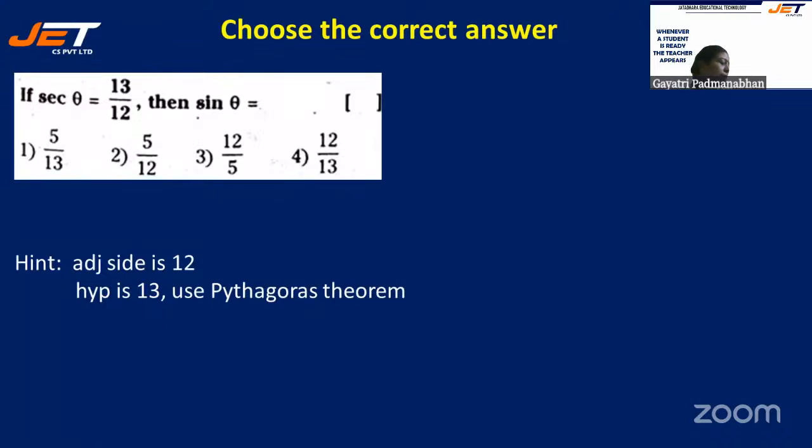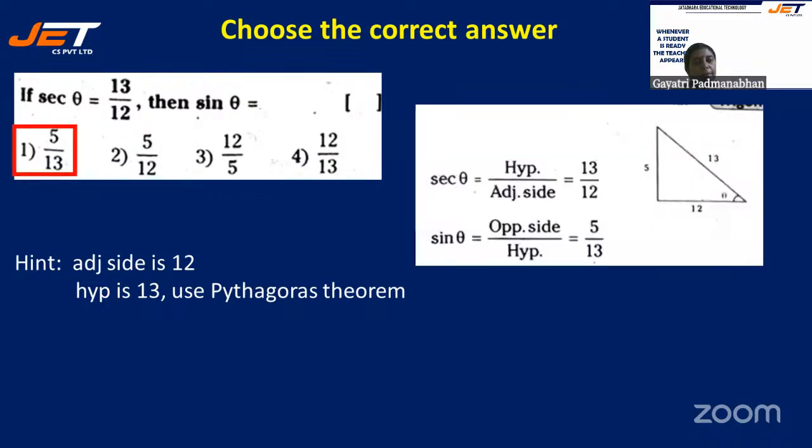Secant theta is nothing but 1 by cos theta. Isn't it? So when you mark, adjacent side is 12, hypotenuse is 13. So with this, you'll be able to find out the opposite side. Isn't it? Yes.